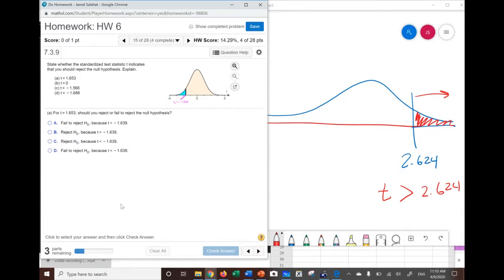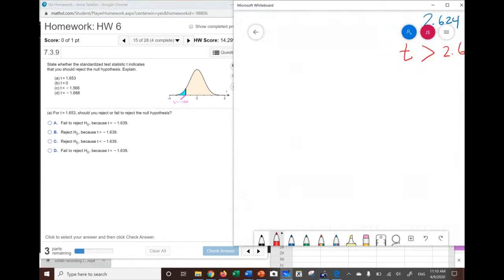In the next one here, this question actually consists of multi-parts. State whether the standardized test statistic t indicates that they should reject the null hypothesis, and explain. Now, notice one thing. We are given a fixed t critical.